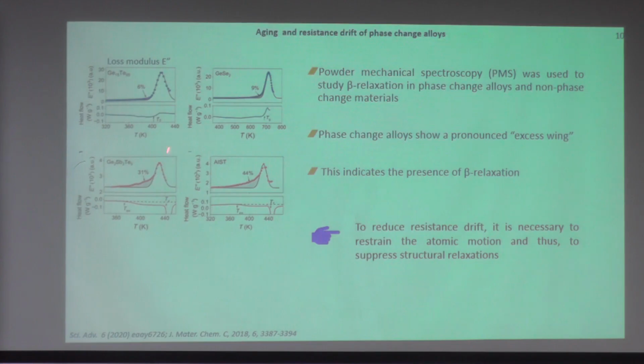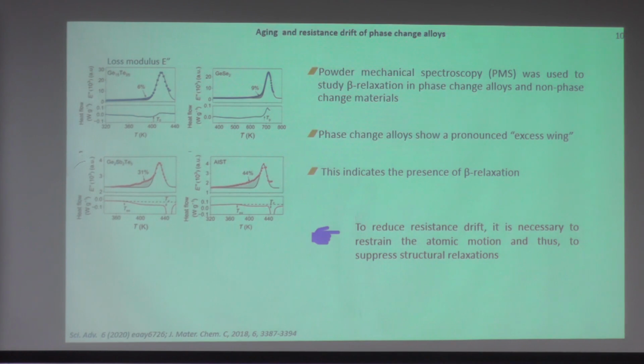However, in the case of phase change materials, GST225 or AST, we see an interesting feature, the formation of excess wings, and this is the sign of so-called beta relaxation in phase change materials. In the non-phase change materials, we don't find these excess wings, so they do not show this beta relaxation.